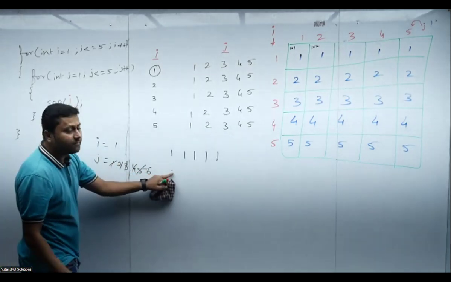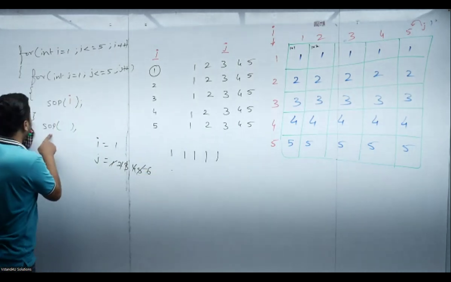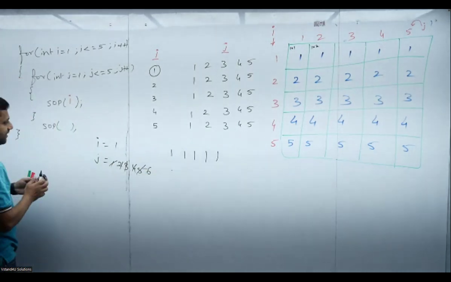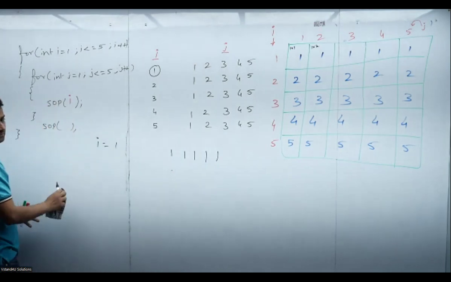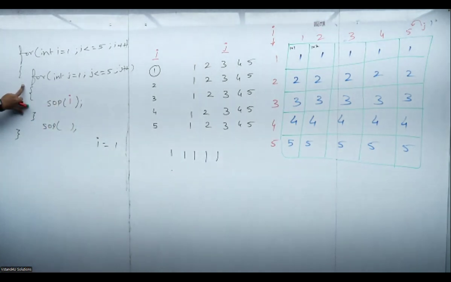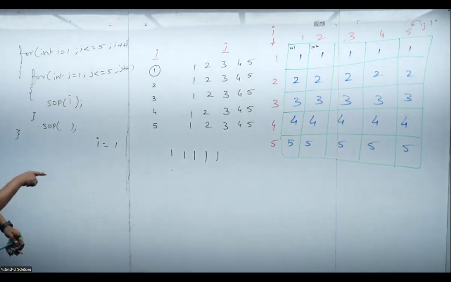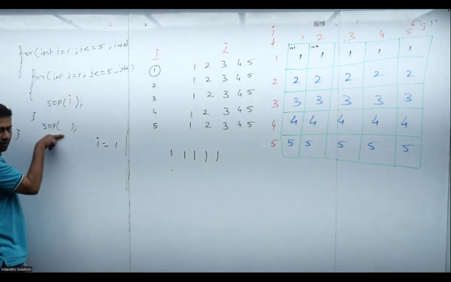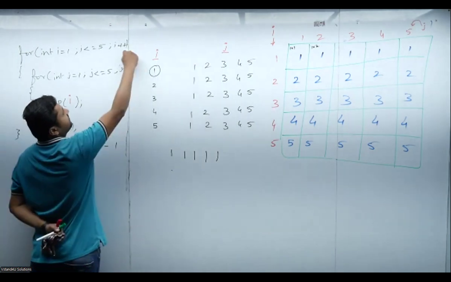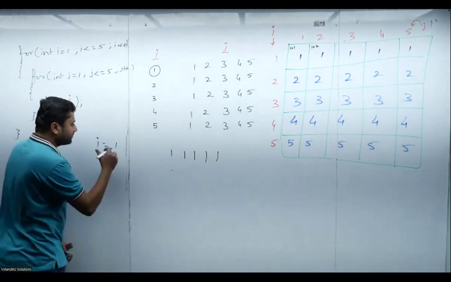At the next line, I am waiting. Then the moment I step out of this loop, I stepped out of the inner loop. That means J is gone. Agree? I am at the next line now.